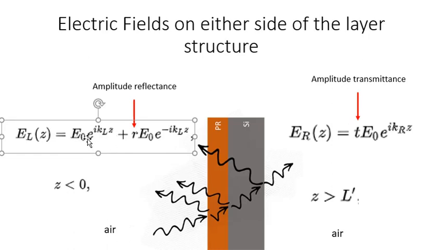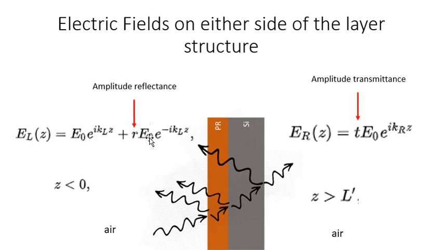And there's some right-going wave heading into the sample of some amplitude E naught, right? So this is like the initial amplitude of the electric field for the incoming light. But there's also some left-going component of the wave where its amplitude has this cofactor, which we're going to call the amplitude reflectance, R. So if much of the light is reflected, like if this is a mirror, then R is going to be almost 1, right?